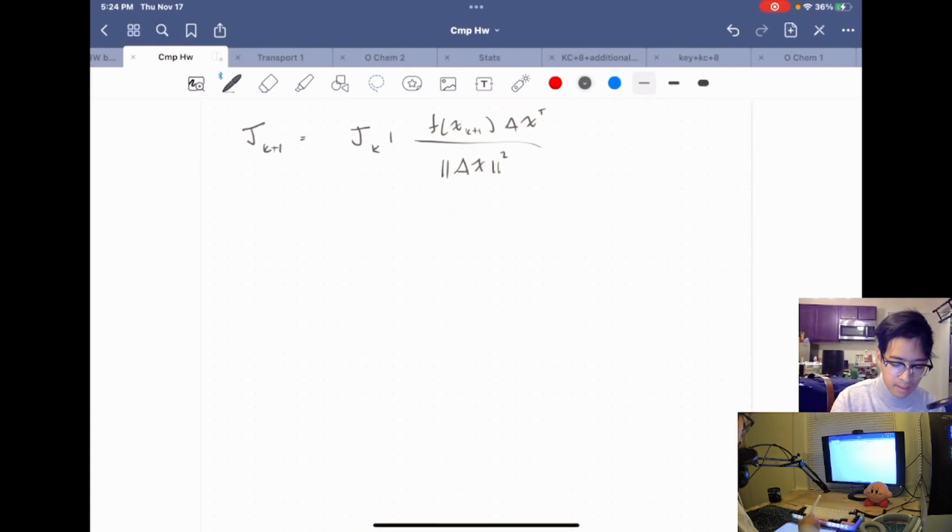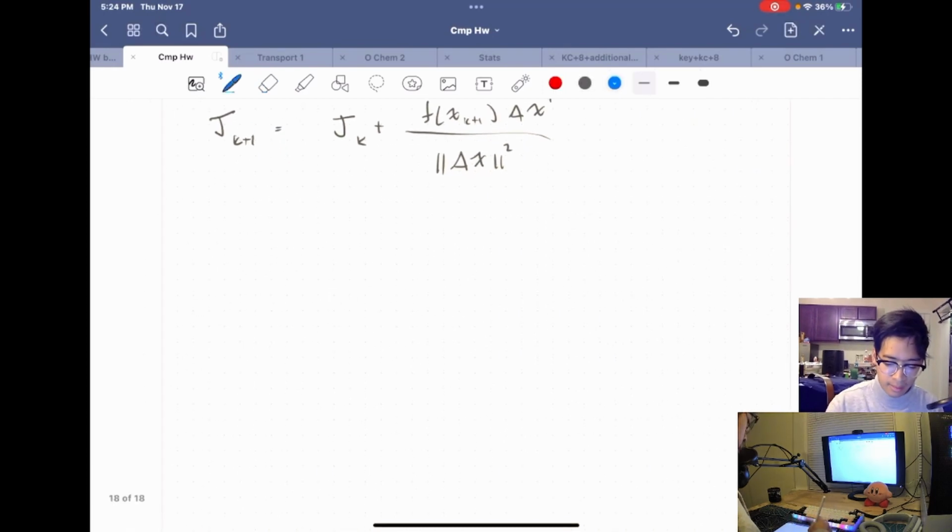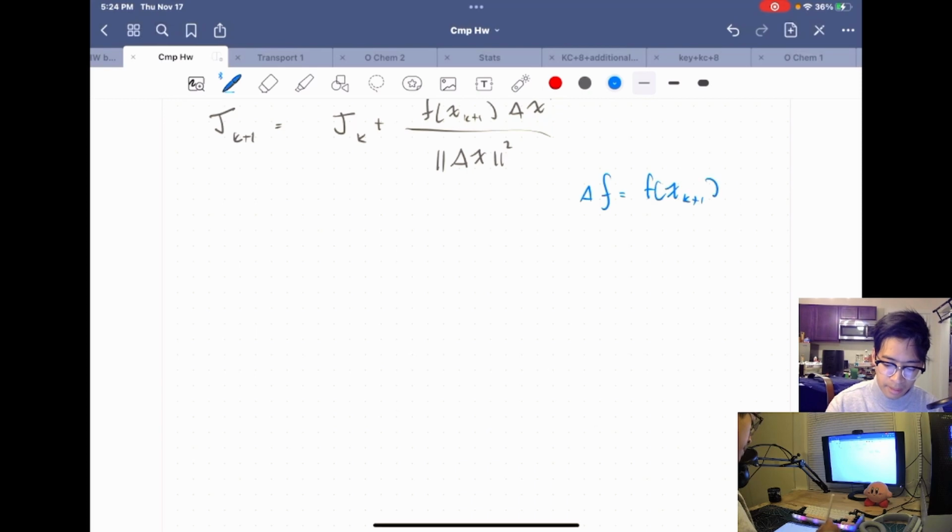Okay. And we have to use, well, what is delta x? What is delta f? Delta f is f evaluated at k plus 1 minus f evaluated at k. In other words, f x k plus 1 equals delta f plus f x at k.